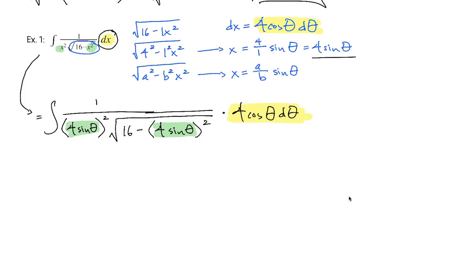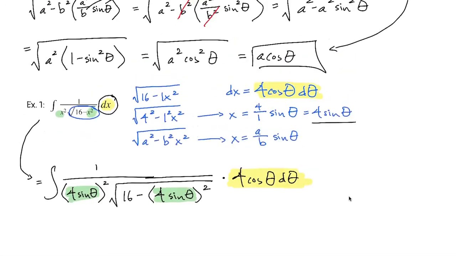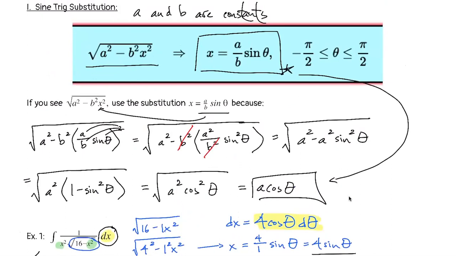I have a question. Yes. Actually, I still don't understand how you got x squared. Like how did you get 4 sine theta for x squared? So that came from this rule that we said if it looks like this, then this is the substitution we're going to make. Okay.